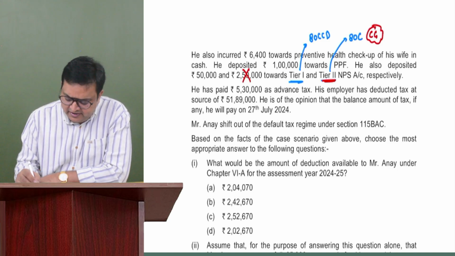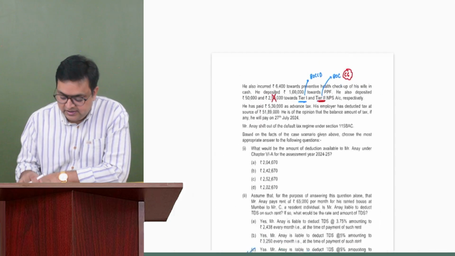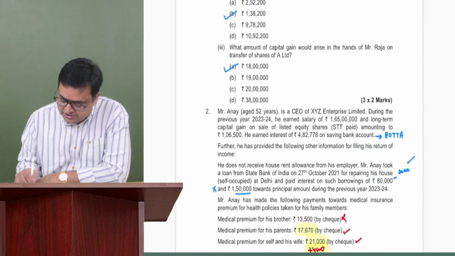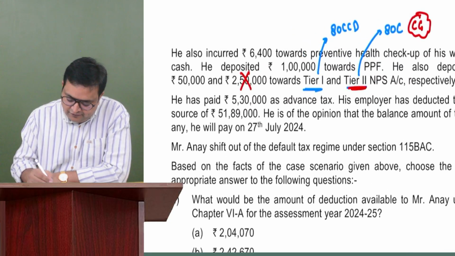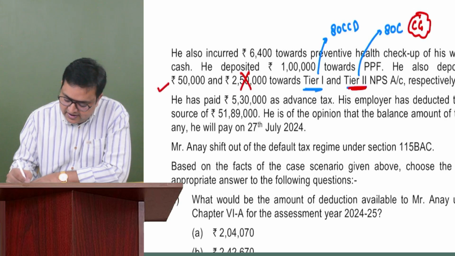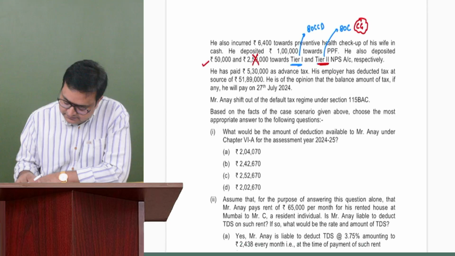And it should not be more than 10% of your income, but your income is high, so that would be taken care of. So 50,000 we can get under 80CCD, and 80C is 1 lakh. Got it?